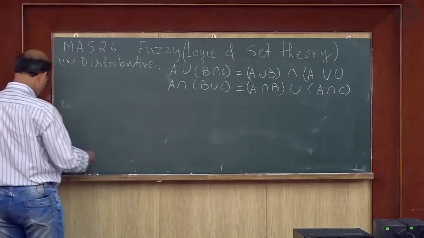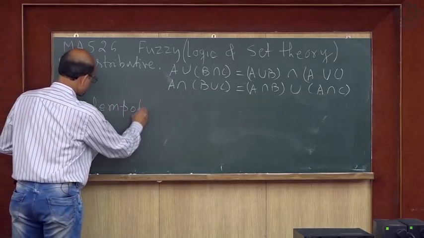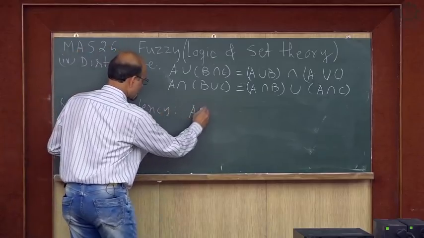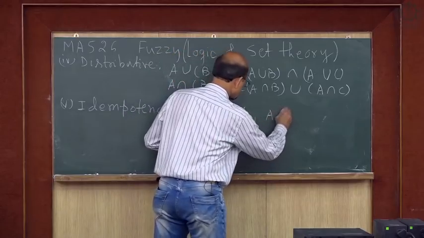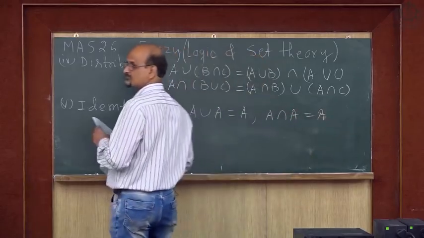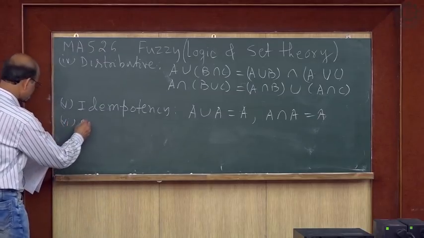Then we have idempotency, and this is nothing but A union A is A and A intersection A is A. Sixth is absorption.